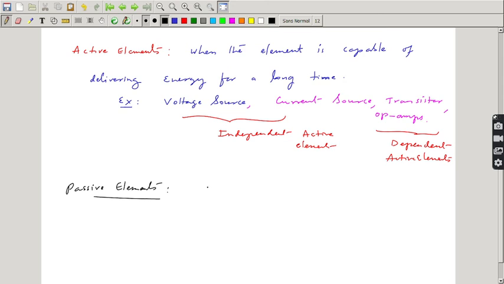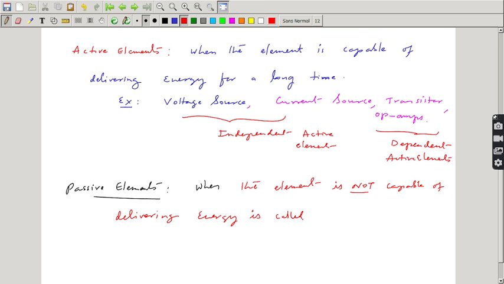Passive elements: when the element is not capable of delivering energy for a long time, it is called a passive element.